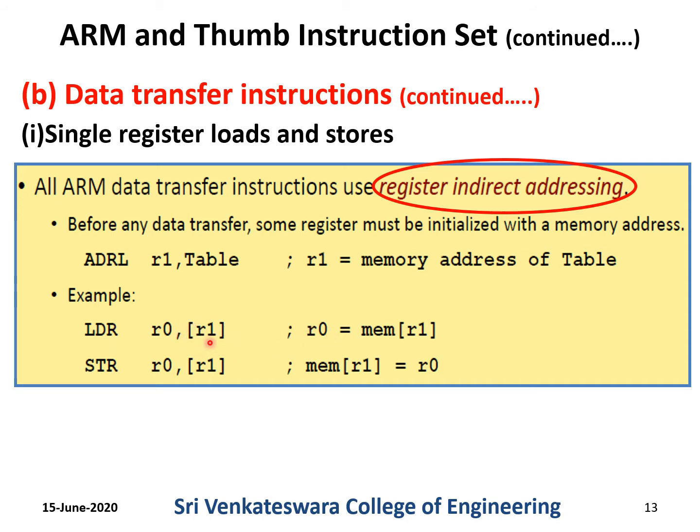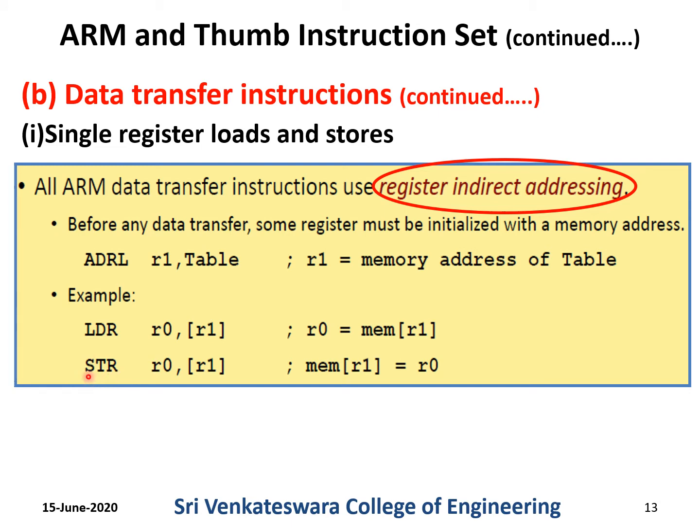So here the data pointed to by R1 is loaded into R0. R1 is holding an address value, and in that addressed location, whatever data is present will be loaded into R0. So here R0 is acting as the destination, and the data pointed to by R1 will be the source.